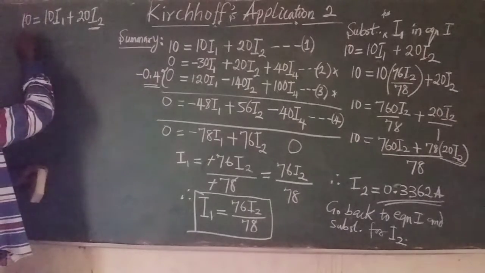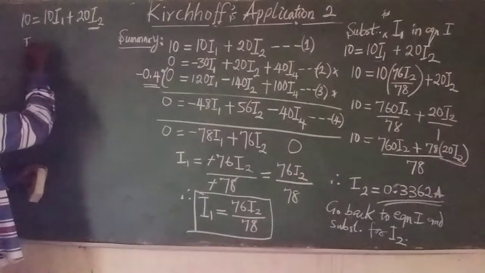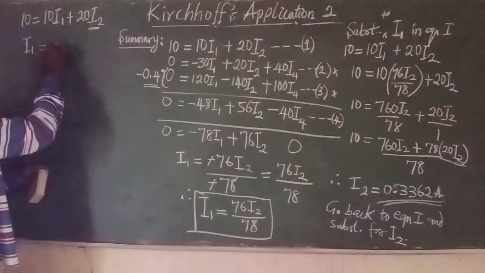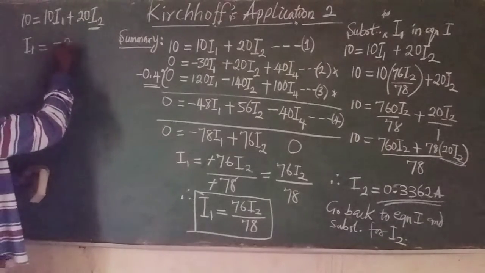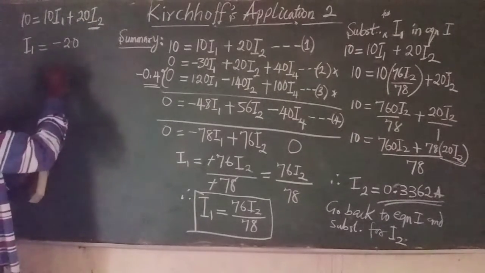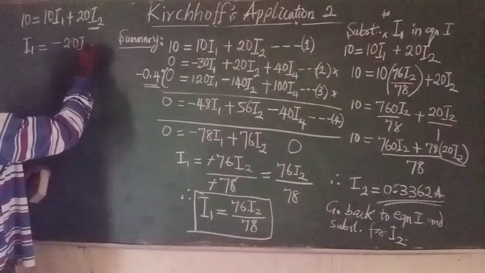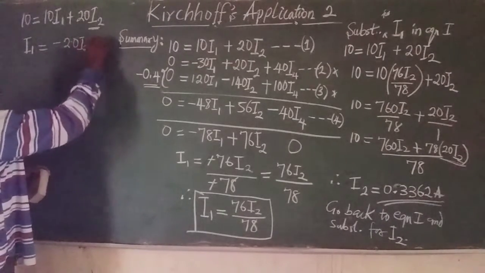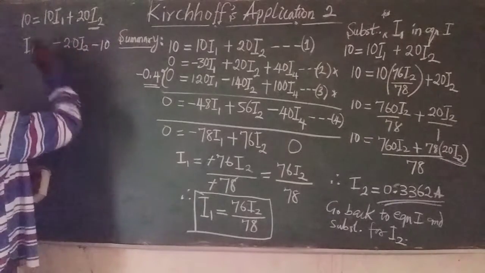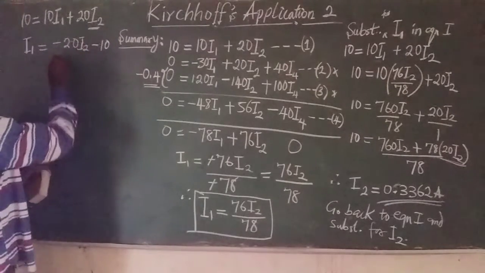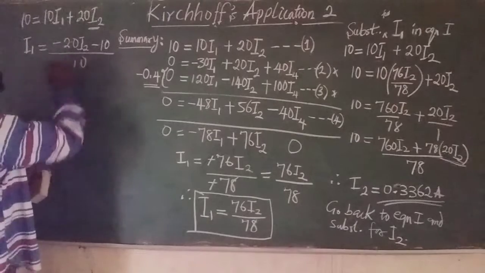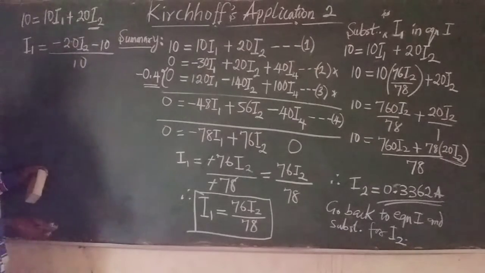Making current 1 the subject, I1 is equal to minus 20 I2 minus 10, all over 10. Good. So that's what it means.